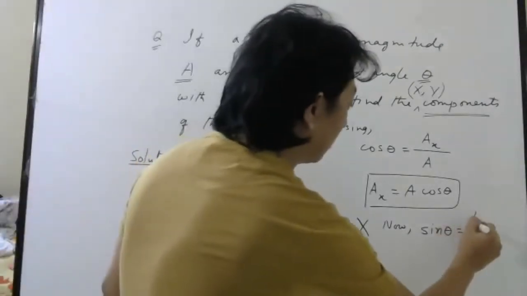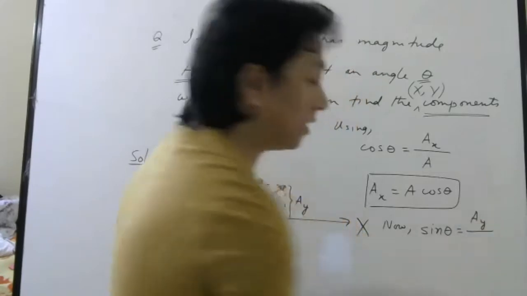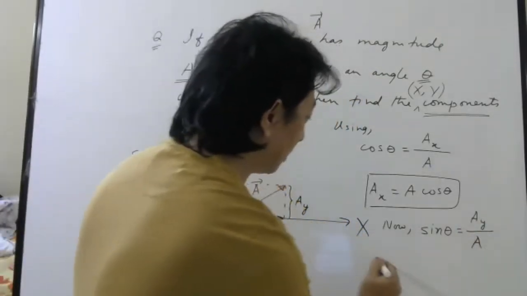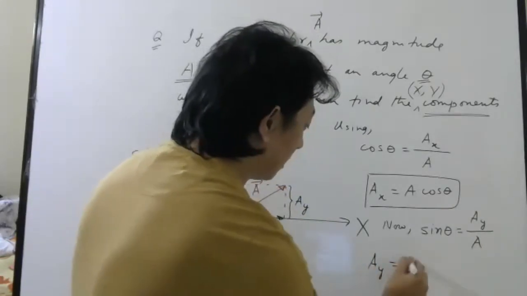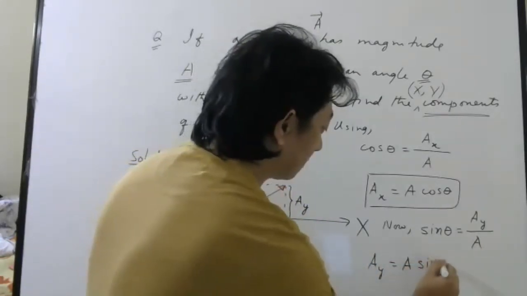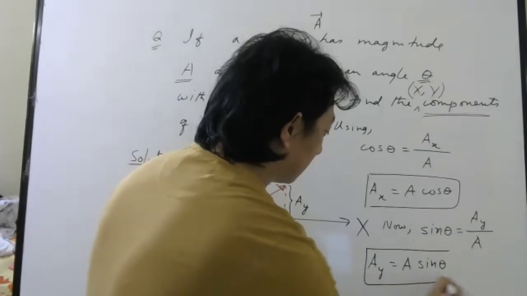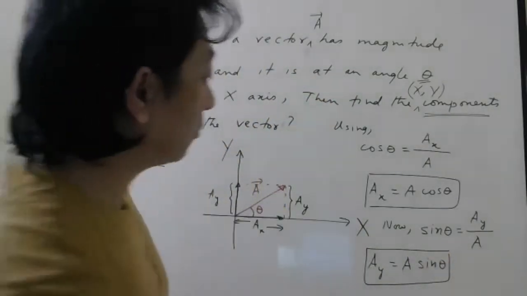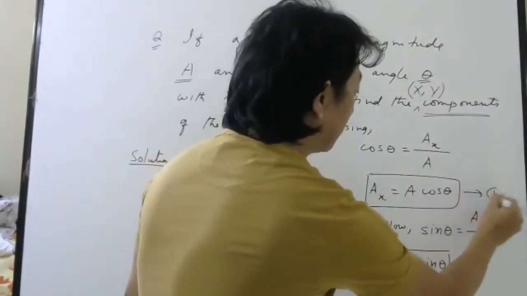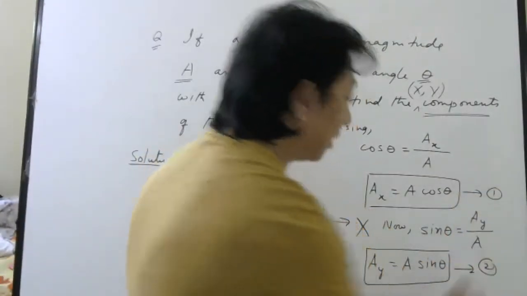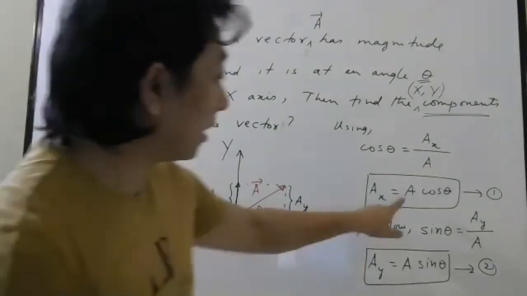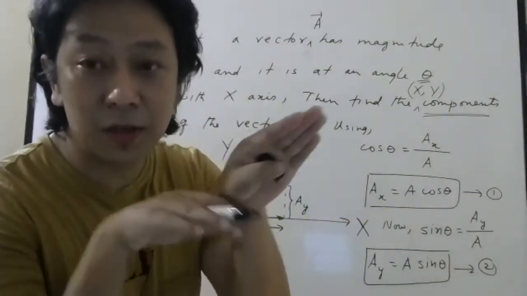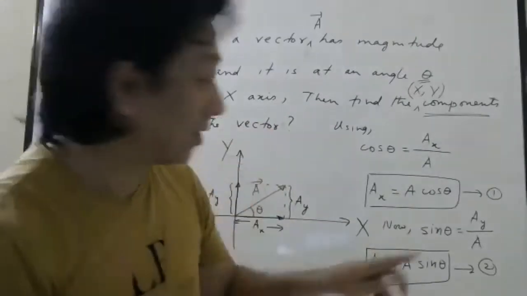So sin theta will be, opposite side is ay, hypotenuse is a. Cross multiply. Ay will be a sin theta. So using these two formulas, we can find components of the vector if the magnitude of the vector is given and the angle with respect to x-axis is given.